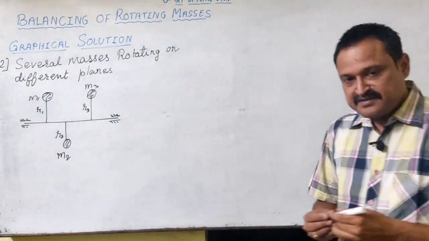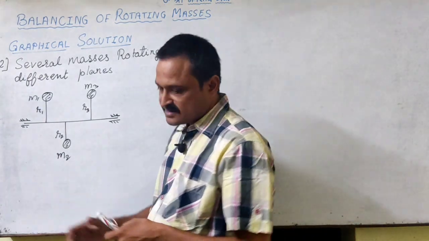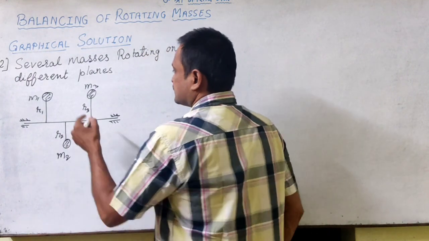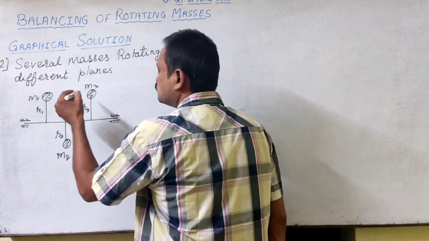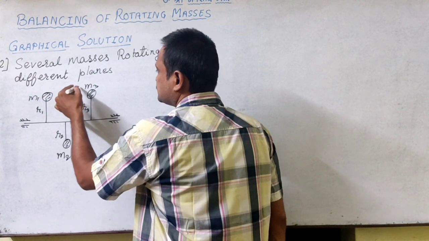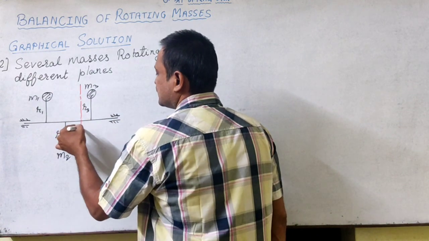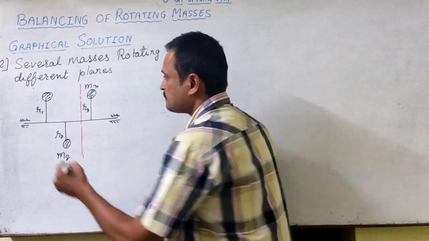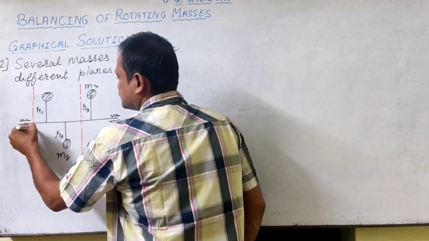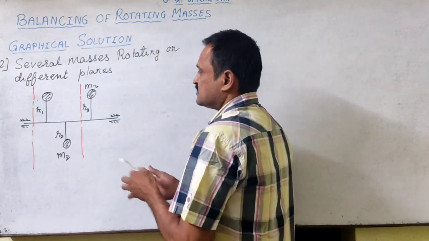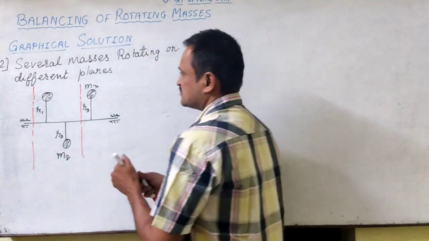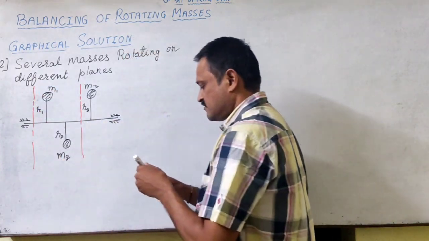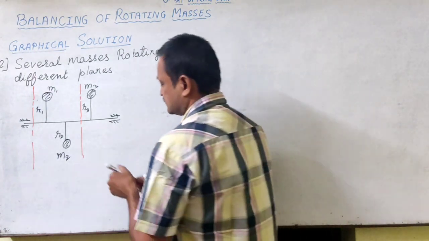And when we are dealing with balancing of several masses, we prefer to place, let us say, 2 planes on which, so maybe I select, it can be any 2 planes, and usually these planes are near the bearings, but just to understand the case, so these are the two planes which I am selecting, where we will be placing the balancing masses.